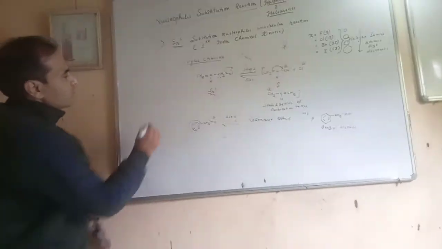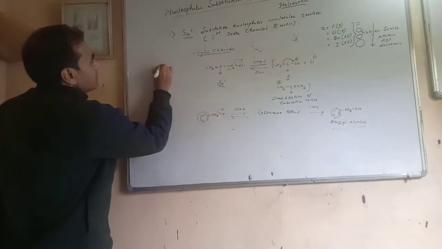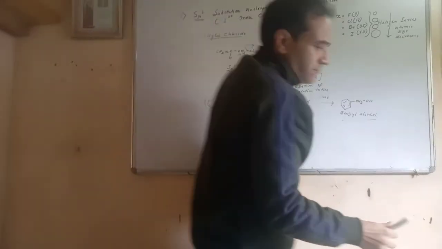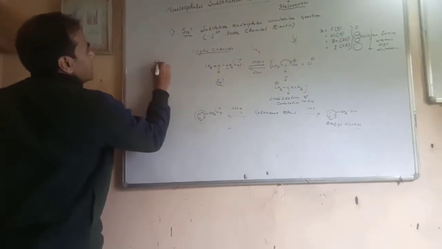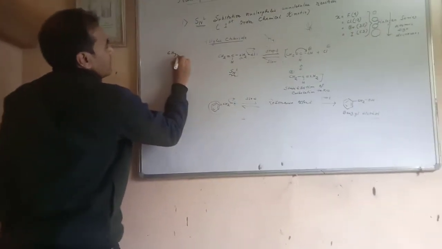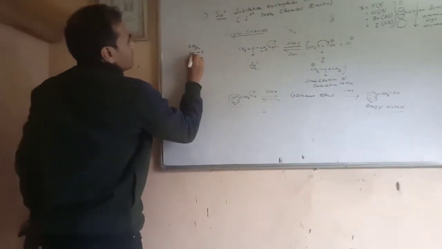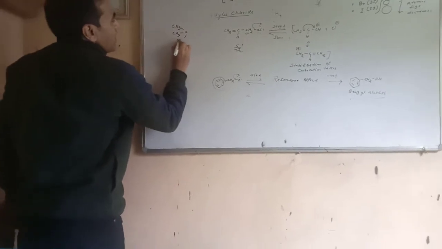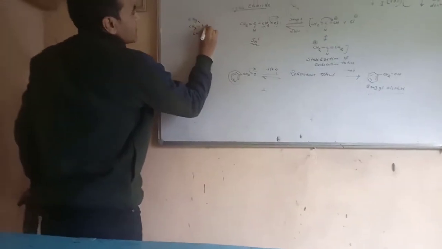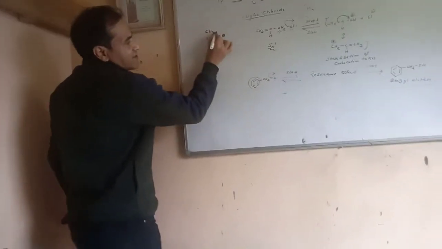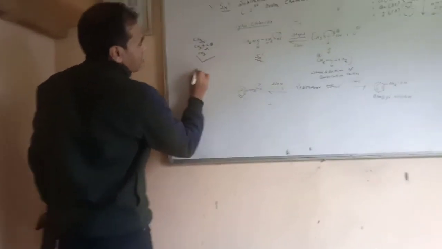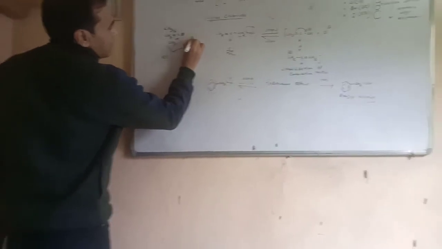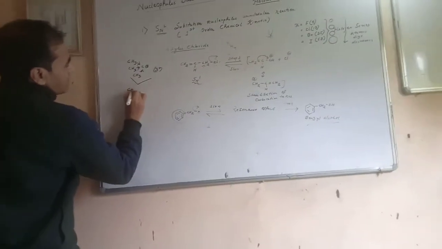That's why in the case of the tertiary, tertiary is very much favorable here. Why? Because the stabilization here is encountered by these 3 methyl groups. This is more favorable. So this is a tertiary.